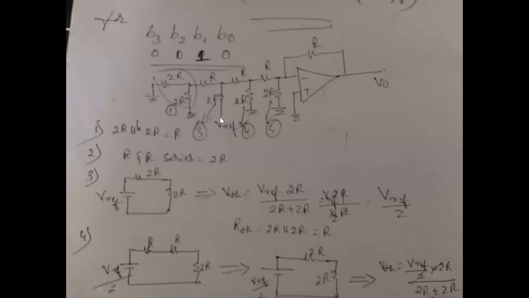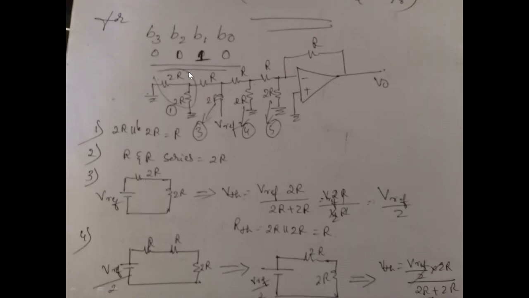For this circuit, we have to find the Thevenin equivalent circuit. Here you would have obtained 2R and this 2R, along with this voltage source. When you connect that, the circuit would look like this, with a voltage source and two resistors of 2R.